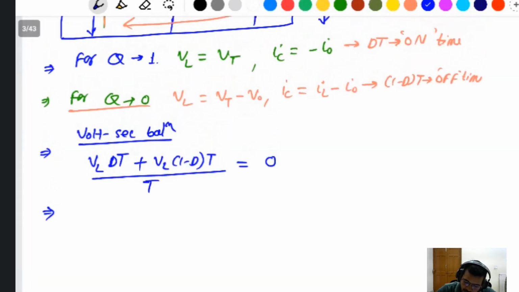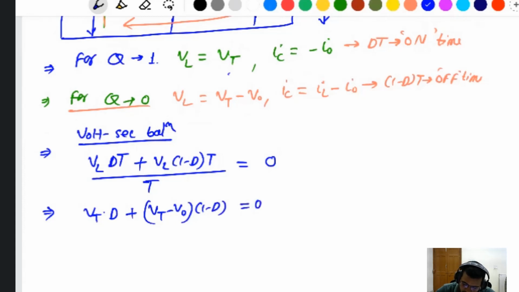The T cancels out. On time, the voltage is VL, which means VT, into D, plus the off time, VT minus V naught into (1 minus D), is equal to 0.